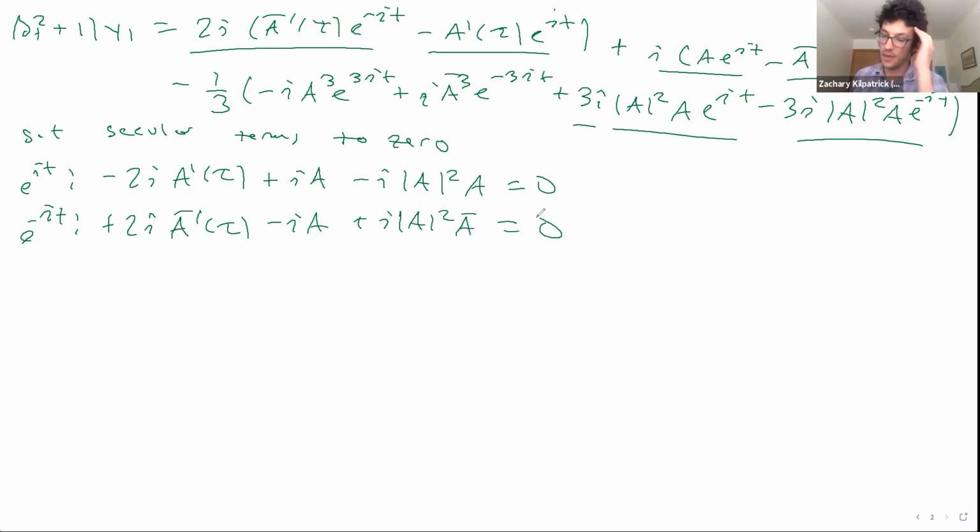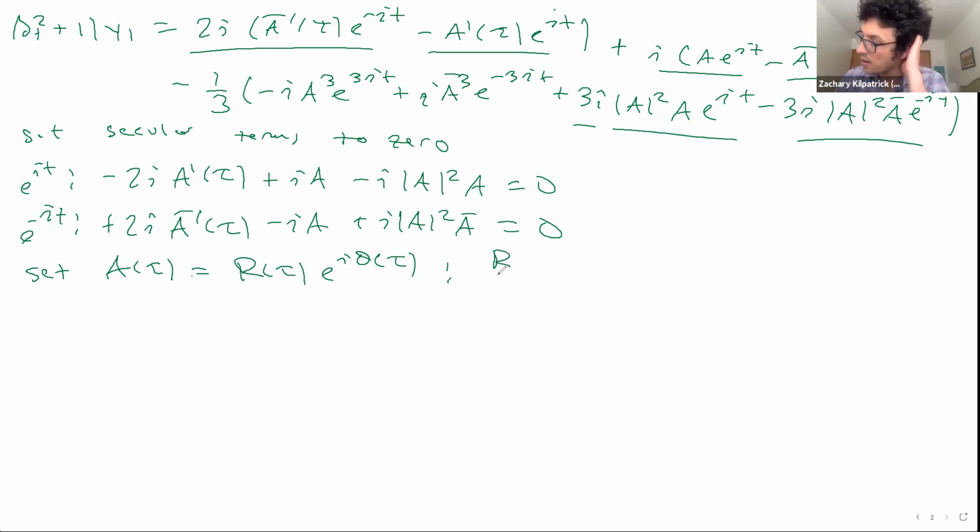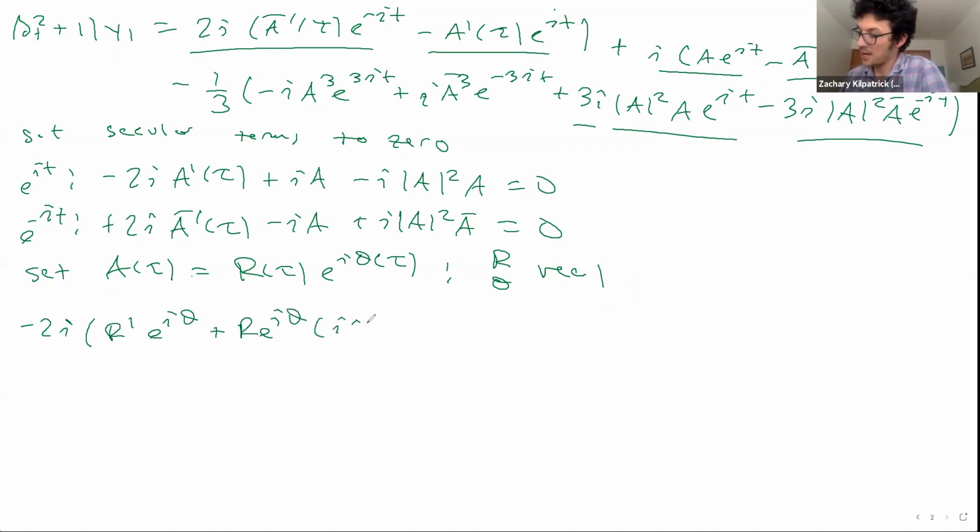And if we set a of tau equal to r of tau e to the i theta of tau, where r and theta are both real functions, then what we can do with, for instance, the first equation is write it as minus 2i r prime e to the i theta plus r e to the i theta prime plus i r e to the i theta minus i r cubed e to the i theta equals 0.